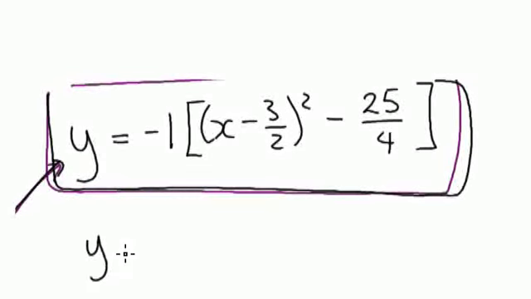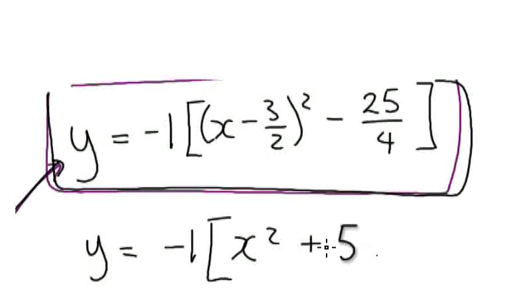If you're given something like this, y equals minus 1 times x squared, let's just substitute it. Let's put something simple in here, something like x squared, and then minus 5. It could be anything.